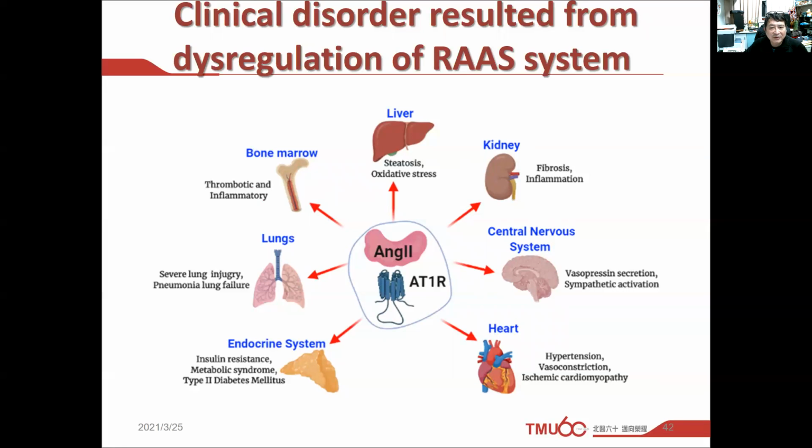For example, in the liver it will cause oxidative stress, leading to steatosis. In the kidney it will cause fibrosis and inflammation. In the lung it may cause severe lung injury or pneumonia. So this RAS system is very, very important and will impact a lot of different clinical disorders.